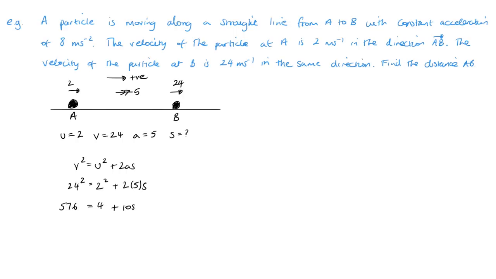So minus 4 gives me 572 equals 10s, and therefore s is 572 divided by 10, 57.2 meters. And there I have it, solved the question. Nice and straightforward. Once you get into these, they will get a little bit harder once you start bringing more and more stuff in. But for the beginning, a nice straightforward one.